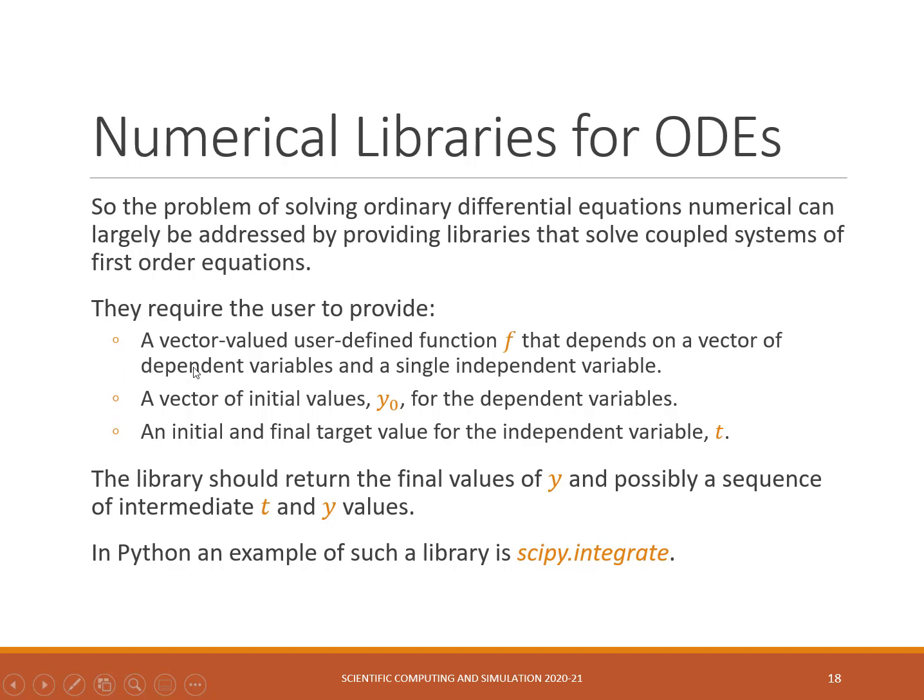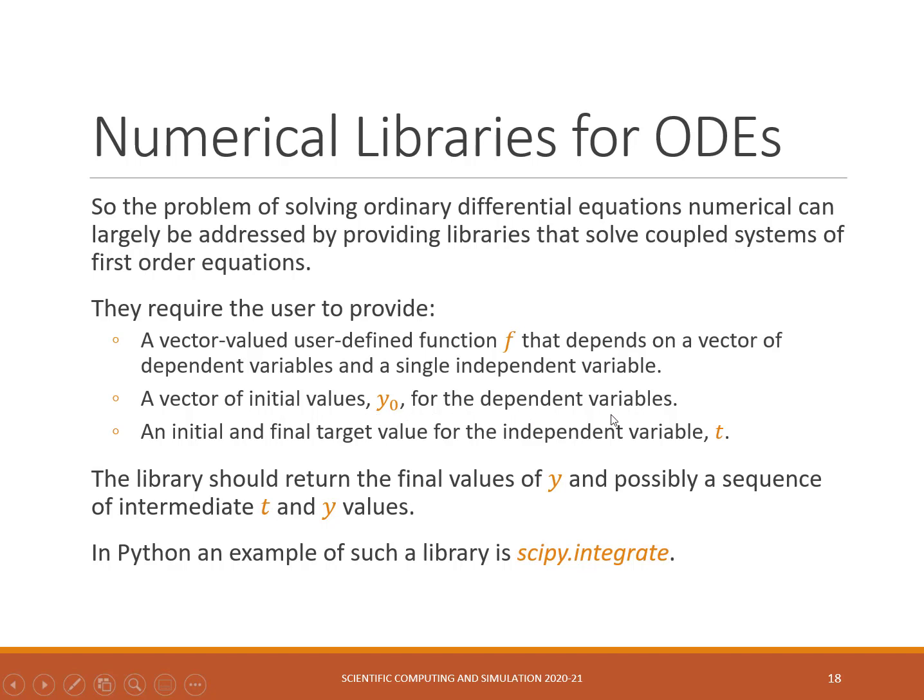The user should provide a vector-valued user-defined function f. This function depends on a vector of dependent variables and a single independent variable. The second item that should be provided by the user is a vector of initial values y0 for the dependent variables.